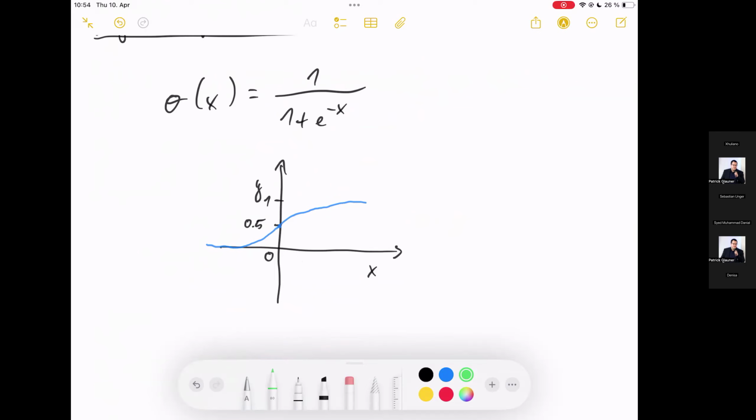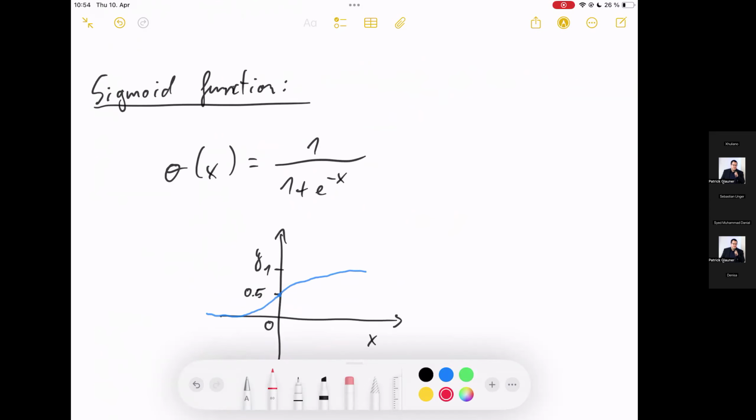Now, this sigmoid function was popular for many decades, and it wasn't really questioned whether it was so useful or not. Now some students mentioned the ReLU function that we can look at. So this was the sigmoid, and then there is the ReLU function.